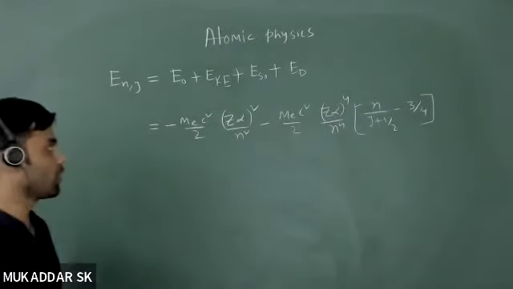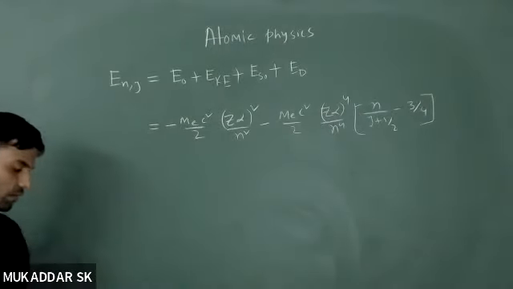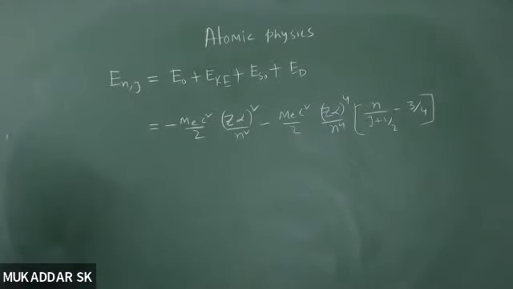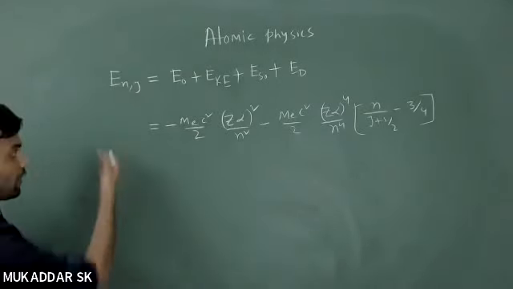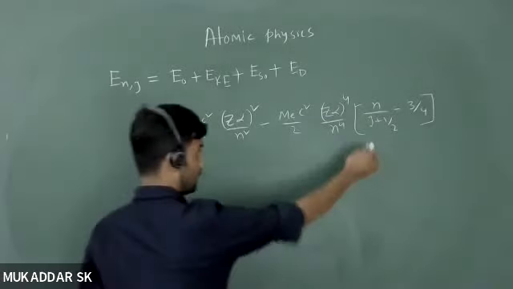So this is the summary of all corrections. Okay, so you can clearly see that total energy depends upon n and j.